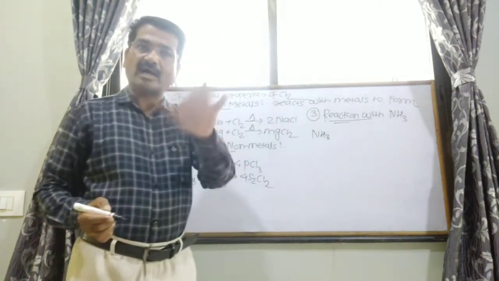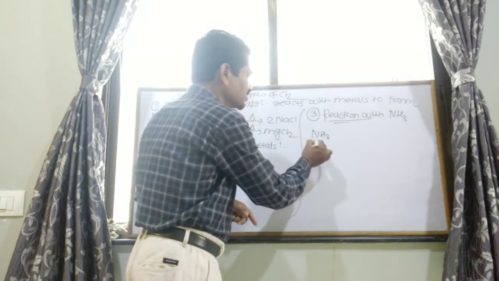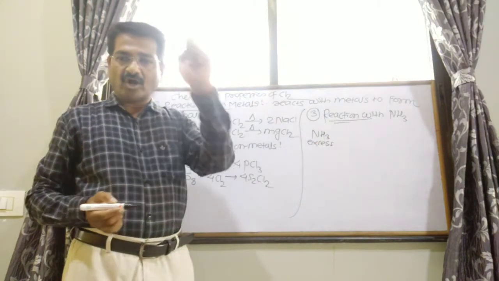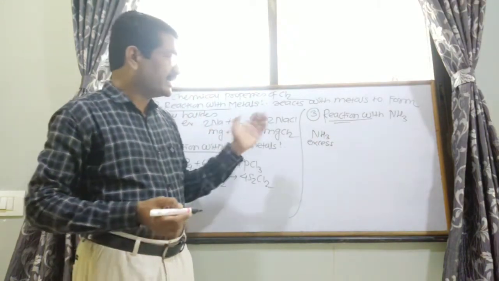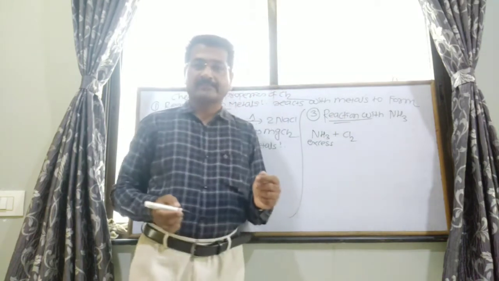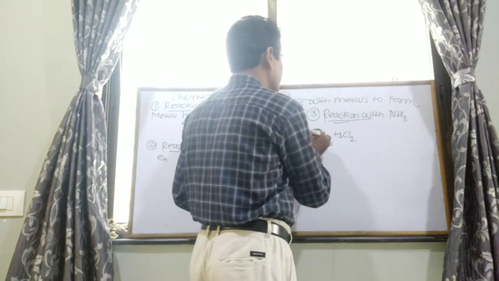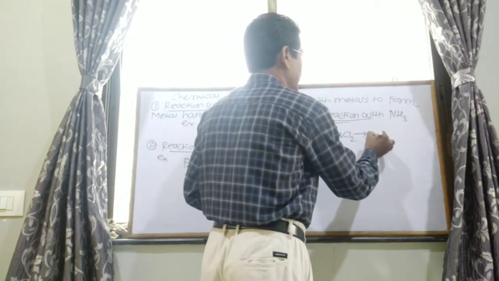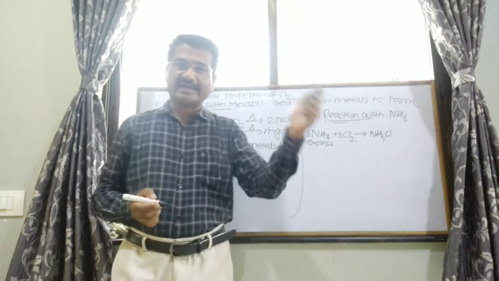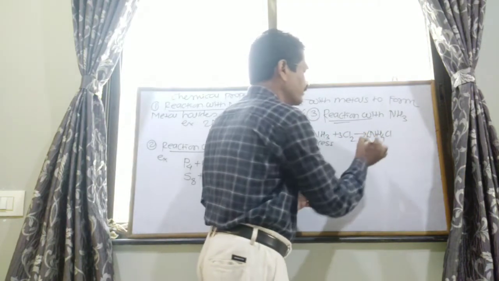When ammonia is taken in large quantity, that is, excess ammonia, it reacts with chlorine, Cl2, to give ammonium chloride, NH4Cl.